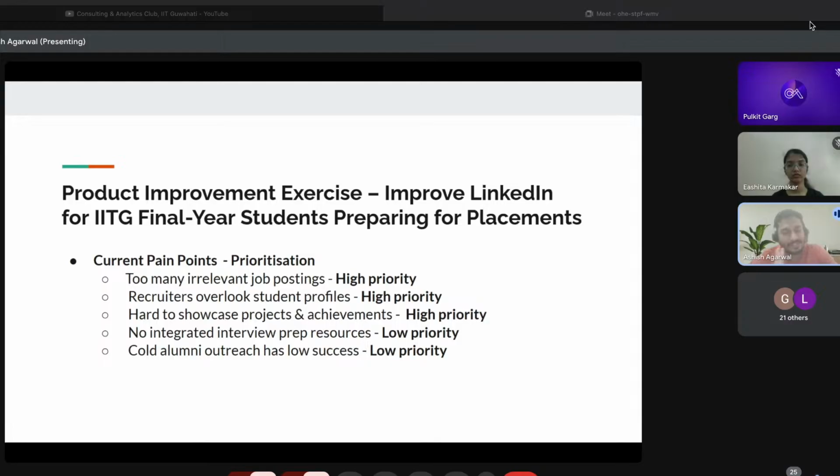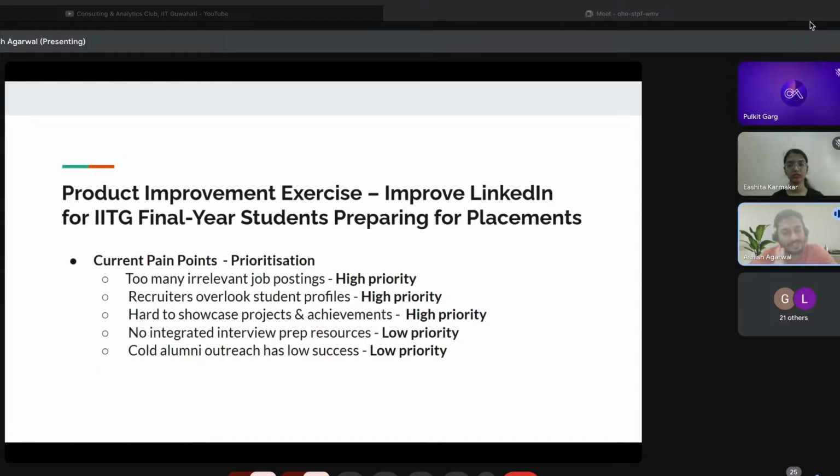A few of those problems could be too many irrelevant job postings. I think Shubhashri and Tharun did talk about this. Recruiters also overlook student profiles. Then it is hard to showcase projects and achievements, and there is no integrated interview prep process. And as Manya talked about, the last one specifically: cold alumni outreach has low success.